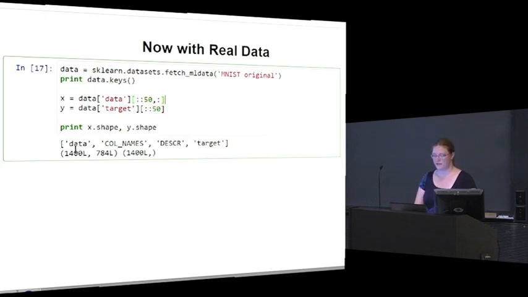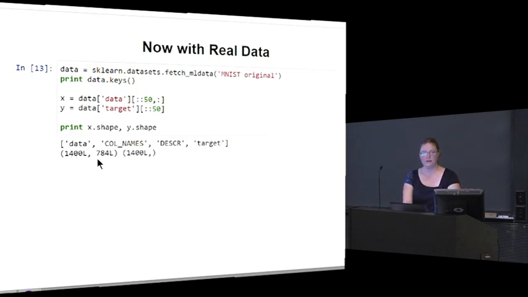So this is your X, and this is your Y. And you can see here I assign that. And we have 1,400 data points, and each data point has 784 dimensions. And I couldn't do that in my head, but 784 happens to be the square of 28. So these are actually image patches that are 28 by 28 pixels that we just loaded.